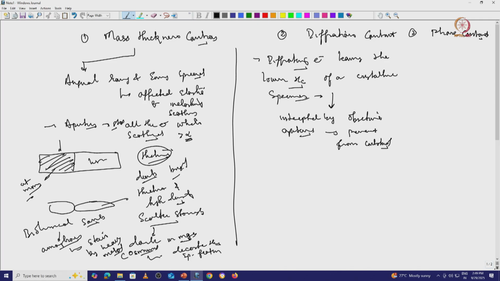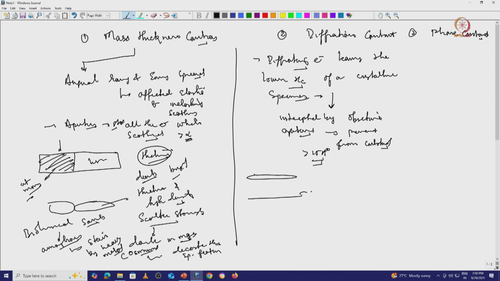This diffraction contrast is dominant when the feature details you want are more than 15 angstroms.